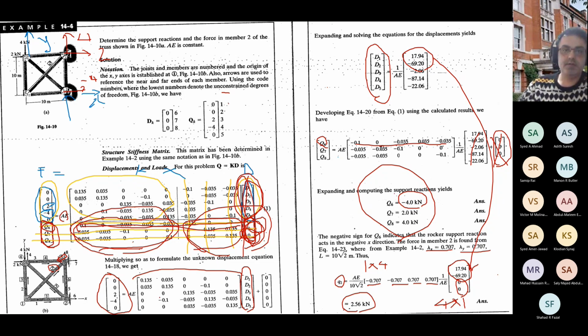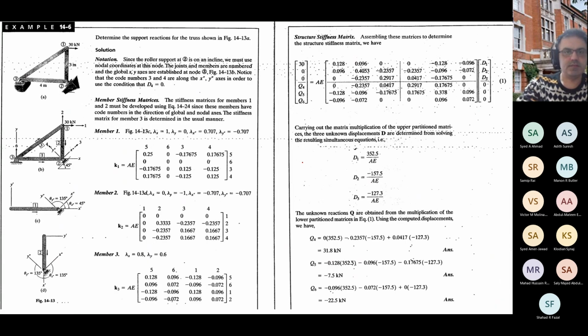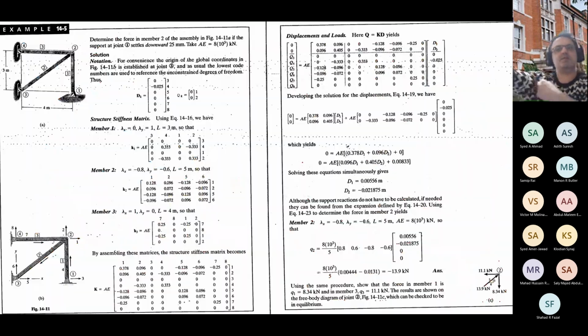Either everyone understood everything or nothing at all. There is not any other case. So let's move to, I think this is, yeah, this is the last example for today.